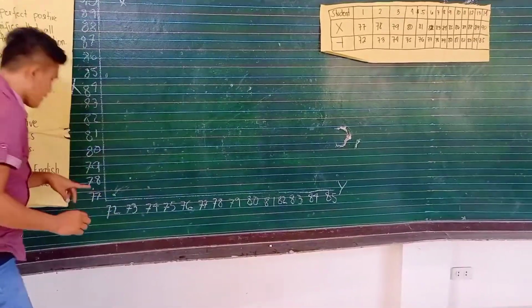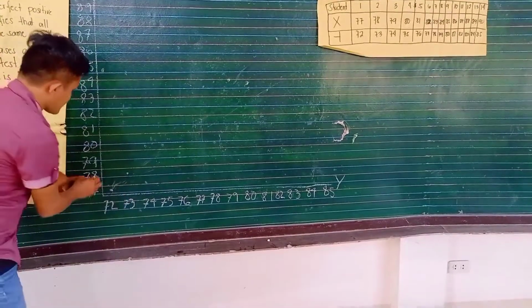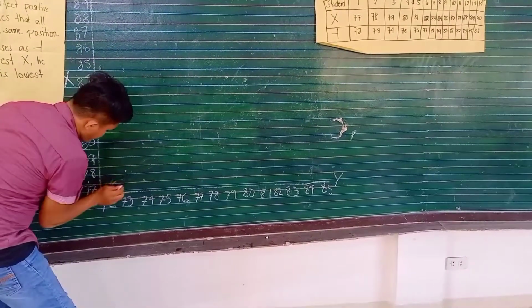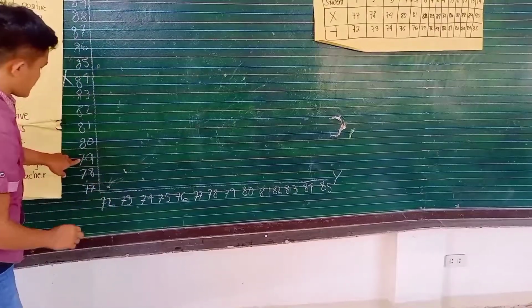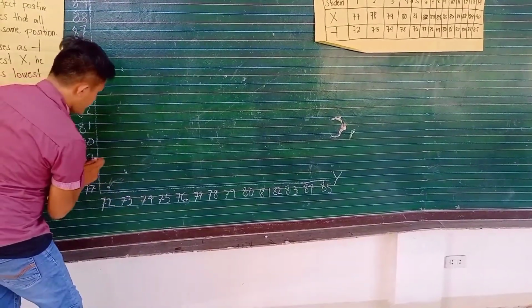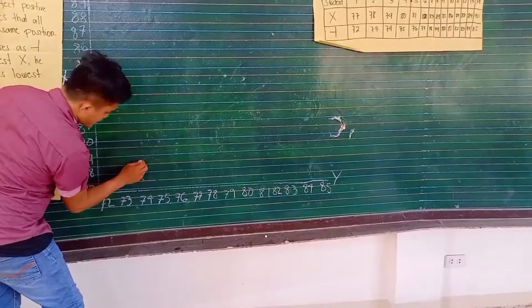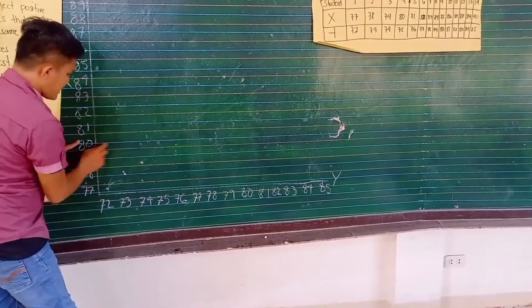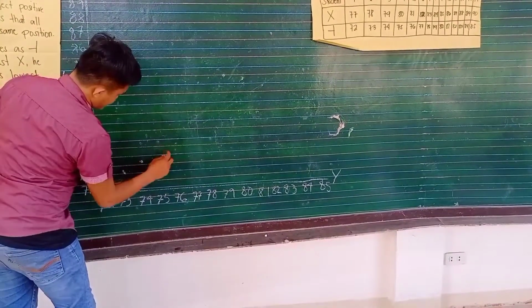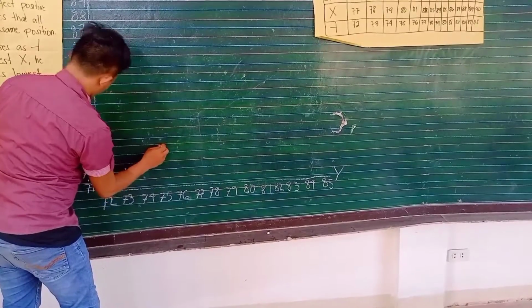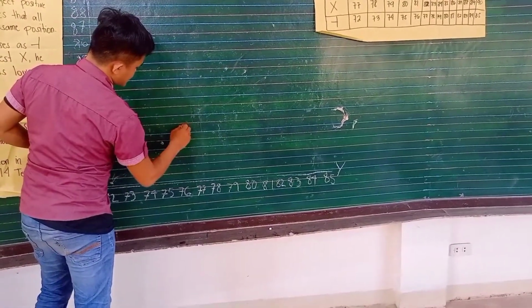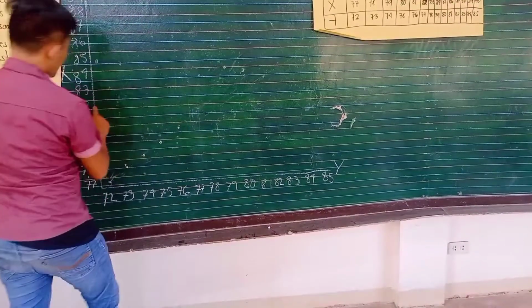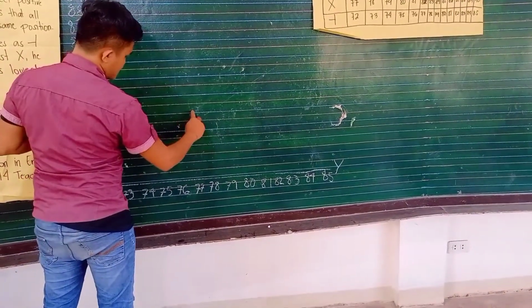And 78 and 73, we're going to put here. And 79 and 74 here. 80 and 75. 81 and 76. 82 and 77.